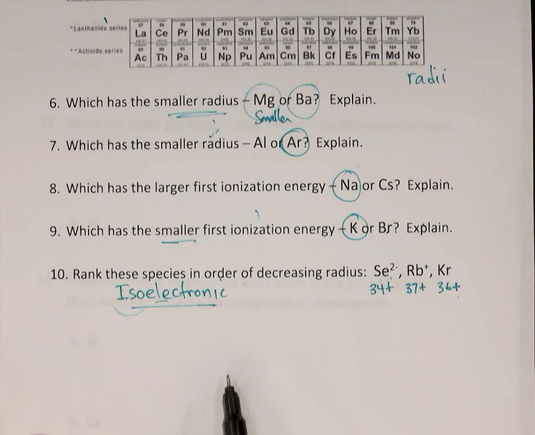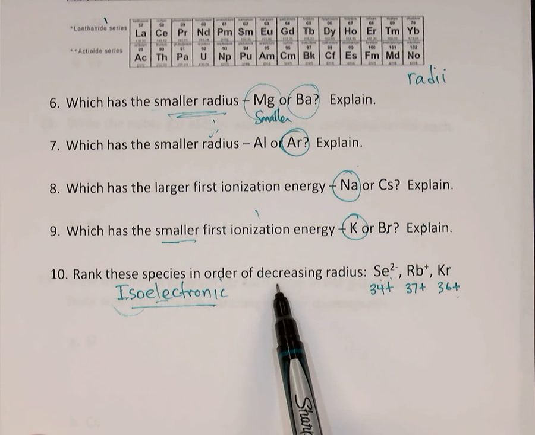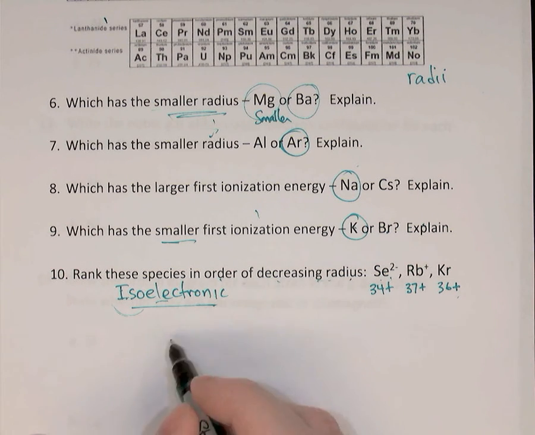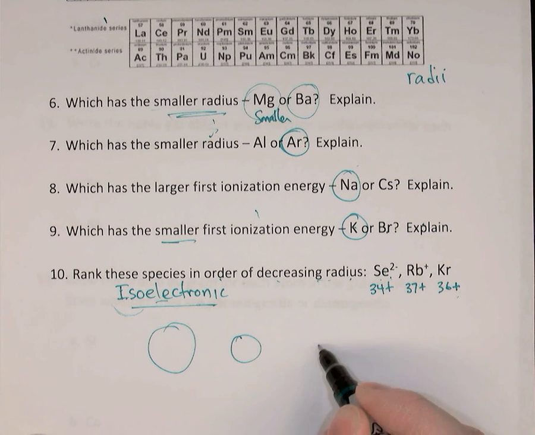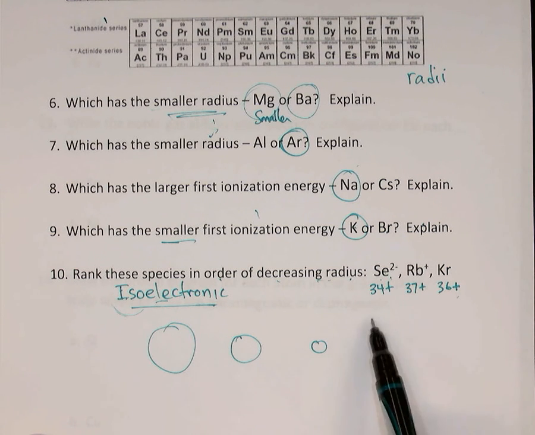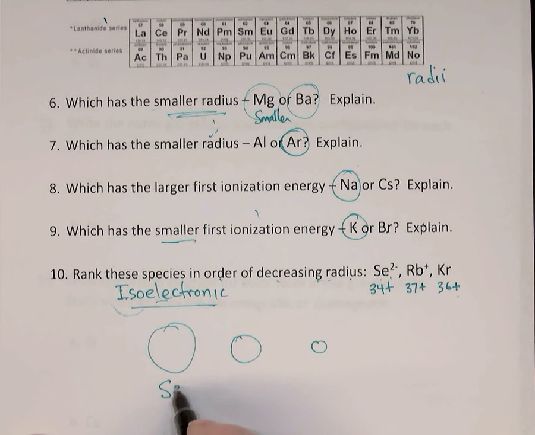Can you now reason out which one of those things would be the largest, which one would be the smallest? We're going to put them in order of decreasing radius, so the largest down to the smallest. Which one would go first? Well, the largest one would be the one with the smallest nuclear charge. So that would be Se2-.